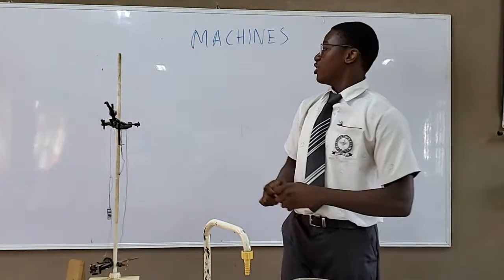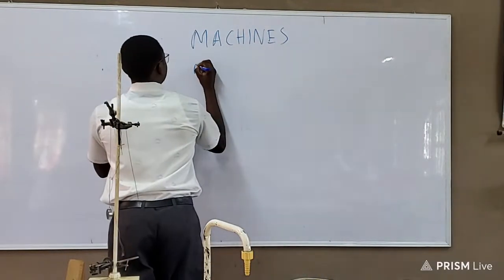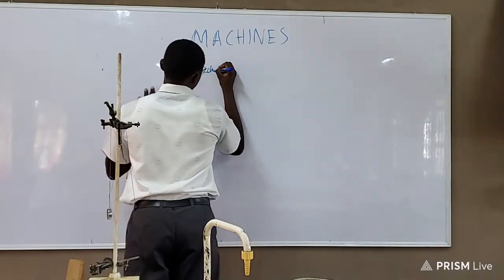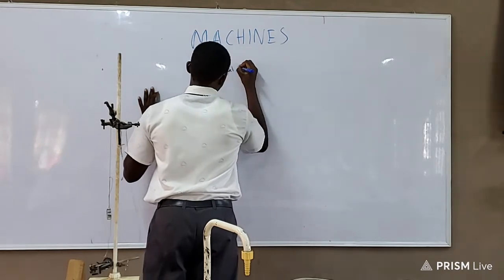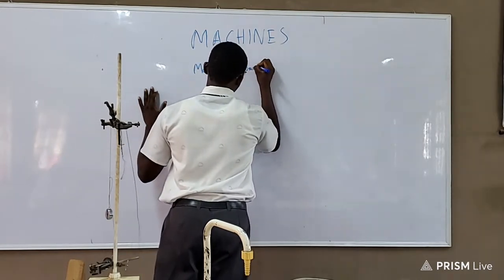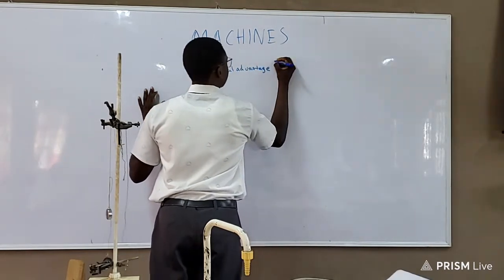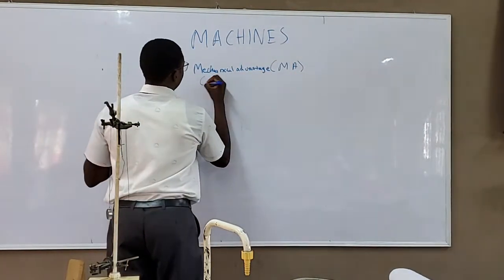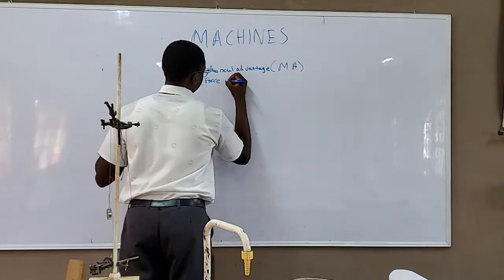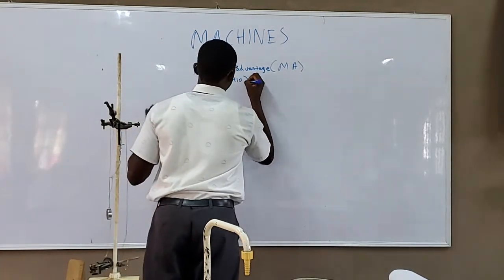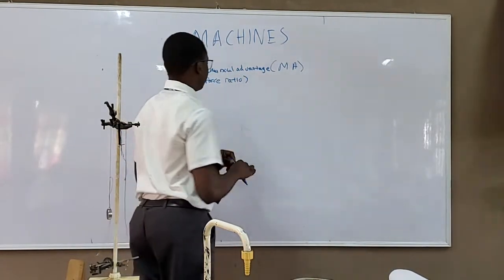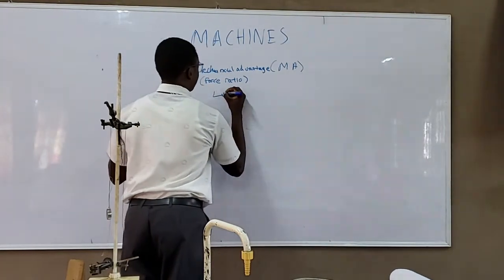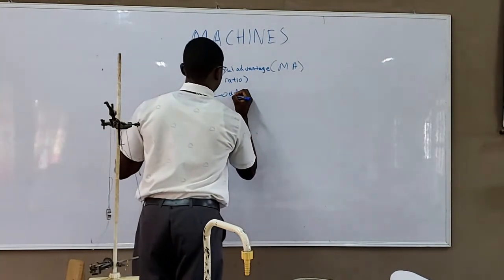There are different terminologies in machines. Mechanical advantage, also known as force ratio. The mechanical advantage of a body is the load over the effort.